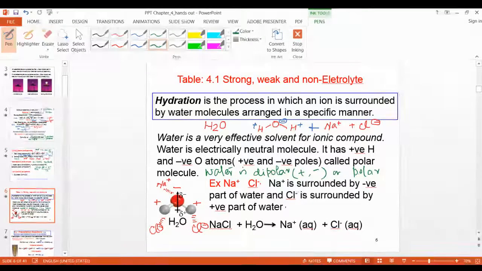Because the oxygen has a negative charge and the hydrogen has a positive charge. Right, because it has both positive and negative poles inside, or charge, positive and negative. That's why we call it a polar molecule.